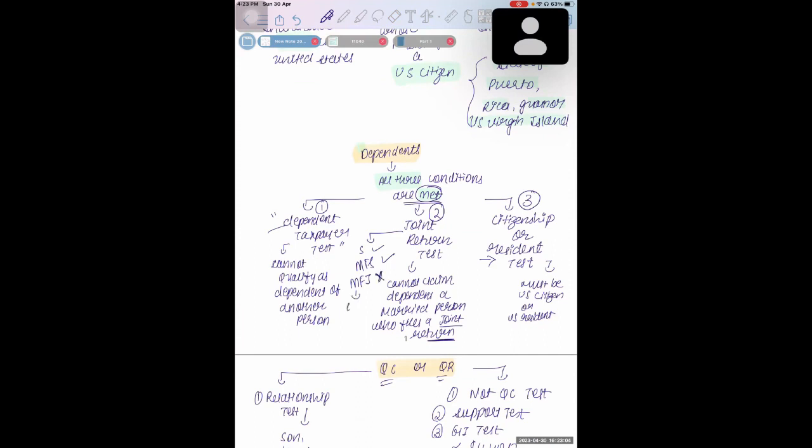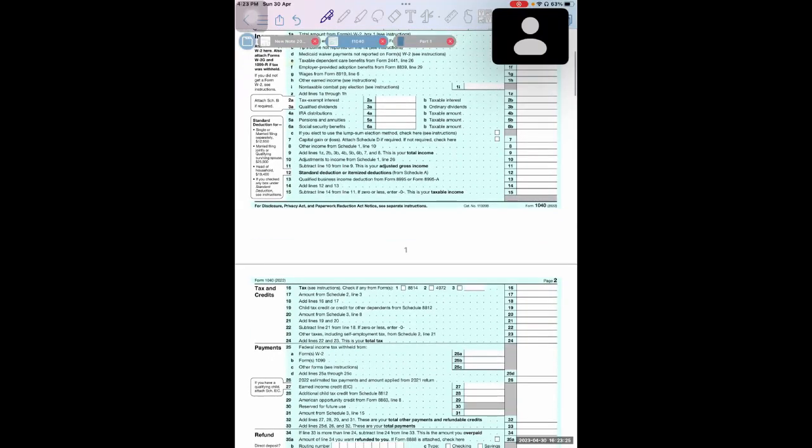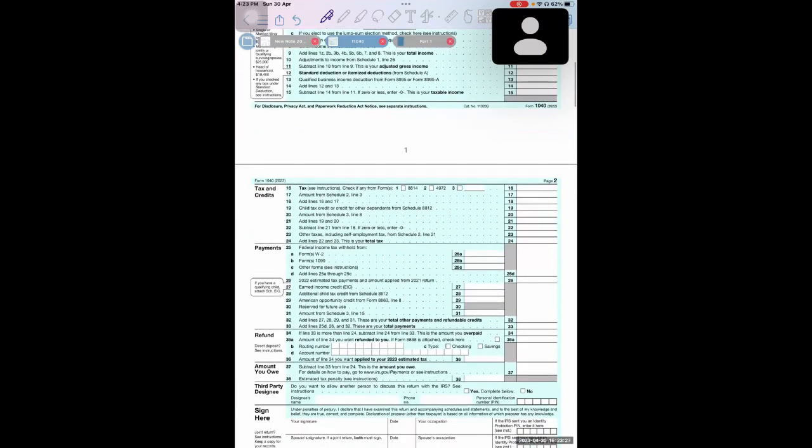But there is an exception: if the person does not have any income and is filing a tax return only for the purpose of refund. When you see the 1040 form, there is no income, but he just wants to claim a refund.